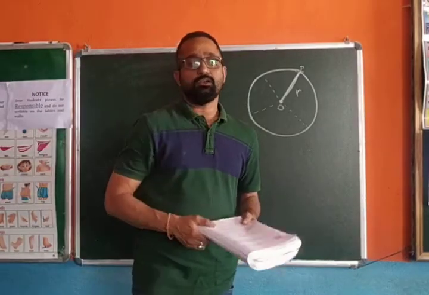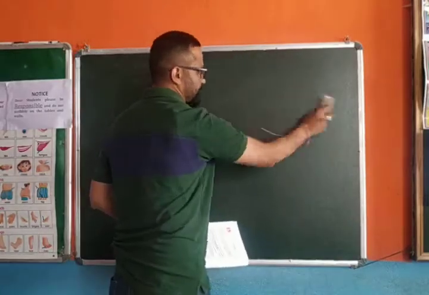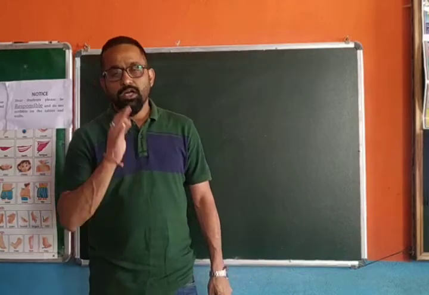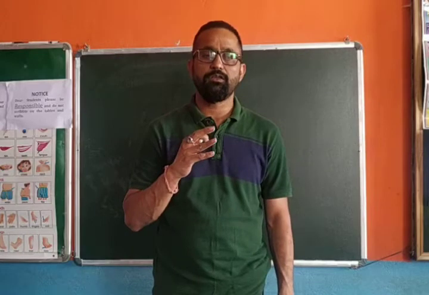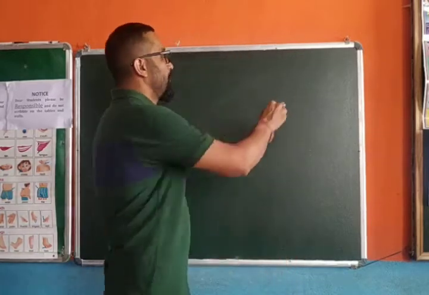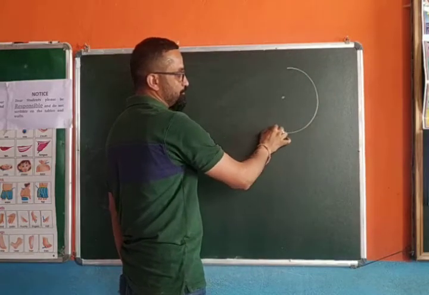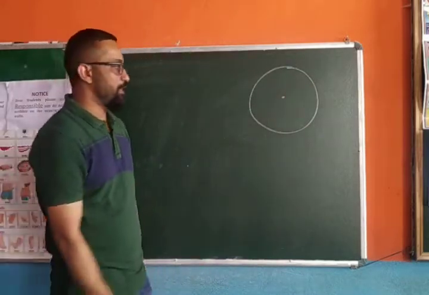The second technical term, an important term related to circles, is called interior of a circle. The collection of all points inside the circle is known as the interior of the circle. So you have a fixed point and a point moving around the fixed point such that the distance remains constant.